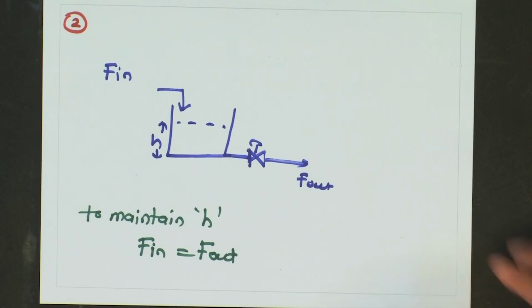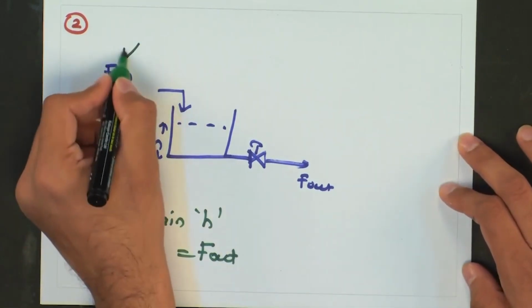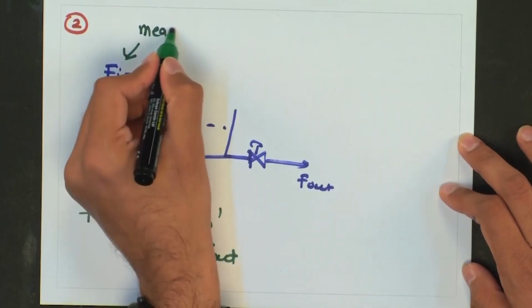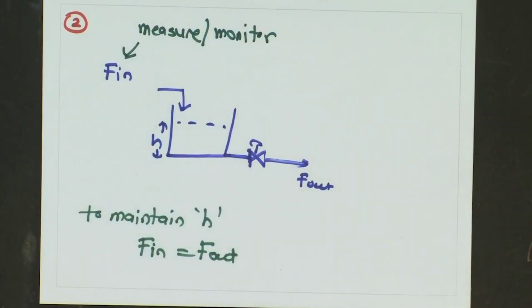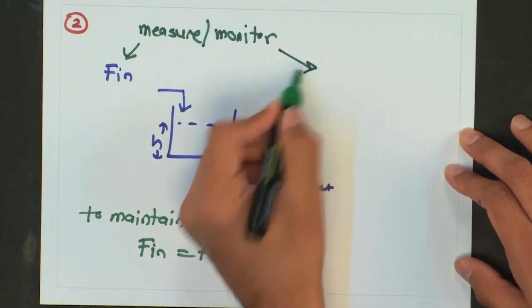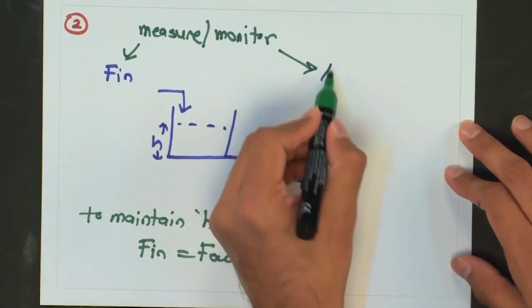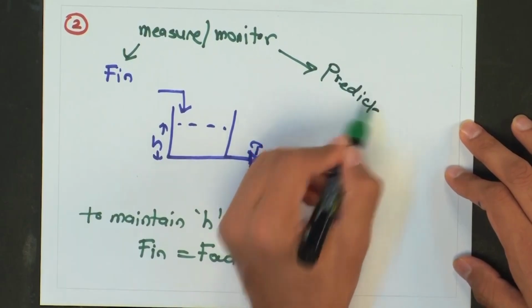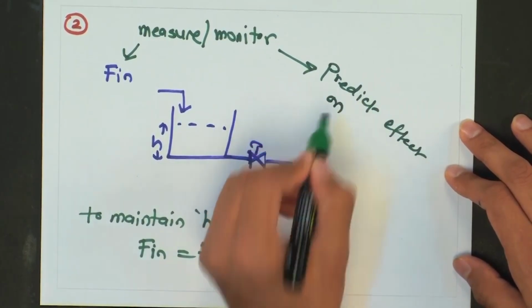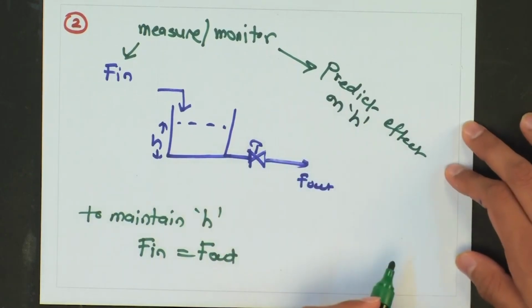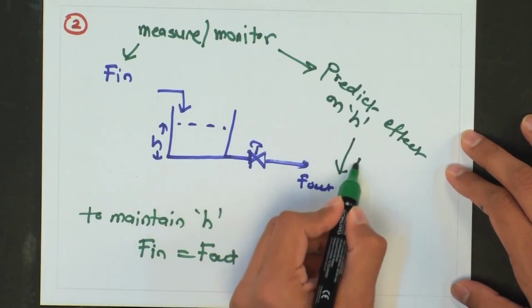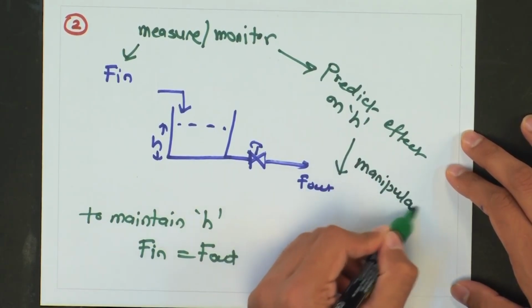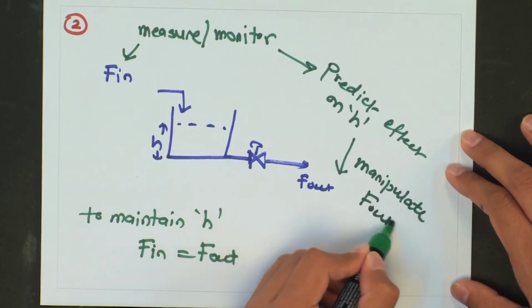So, this particular control strategy, what it does is it will measure or it will monitor the value of the inlet flow rate, and then accordingly it will predict the effect on the height, and in order to negate that effect it will manipulate the outlet flow rate.